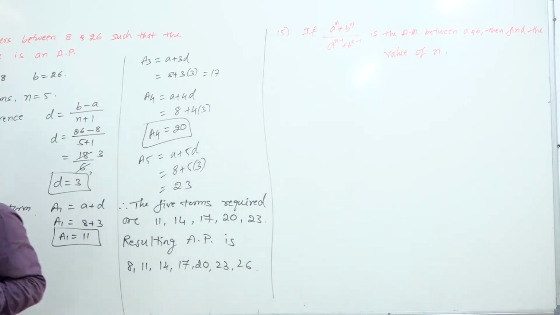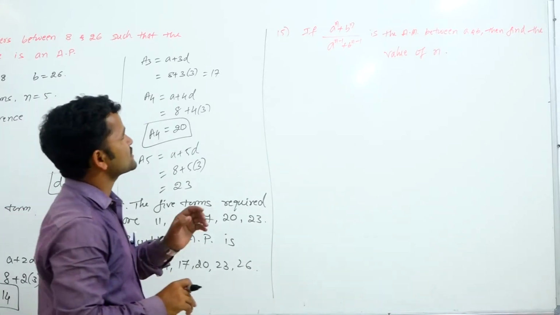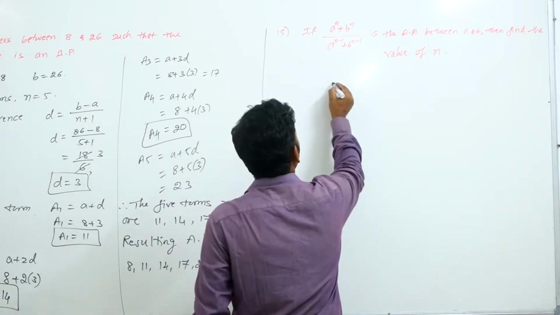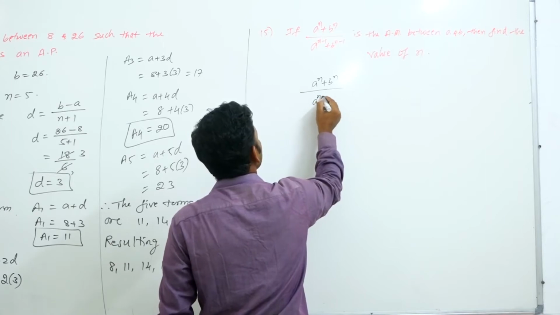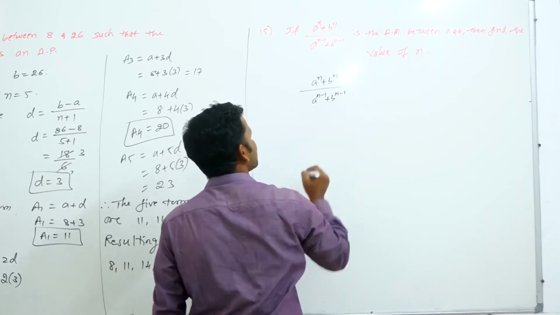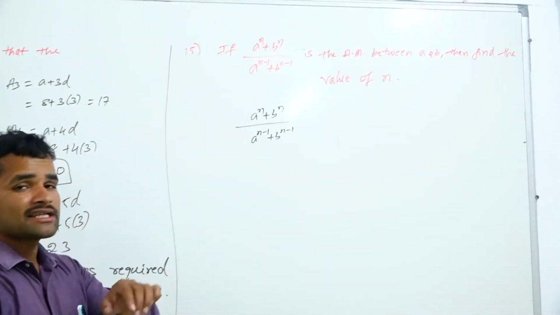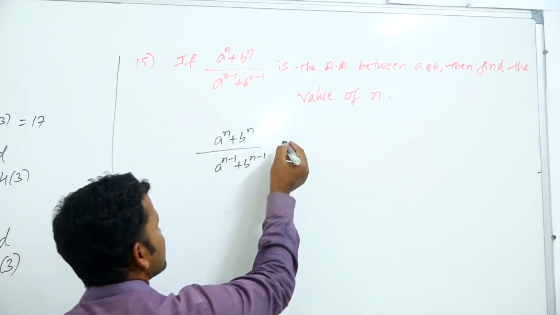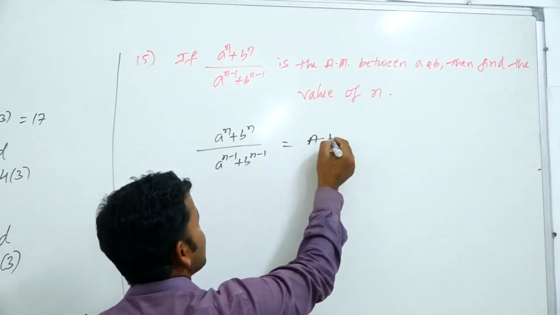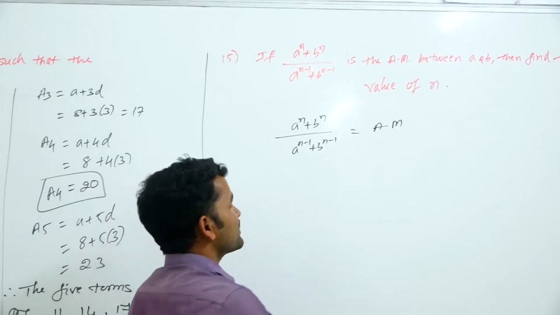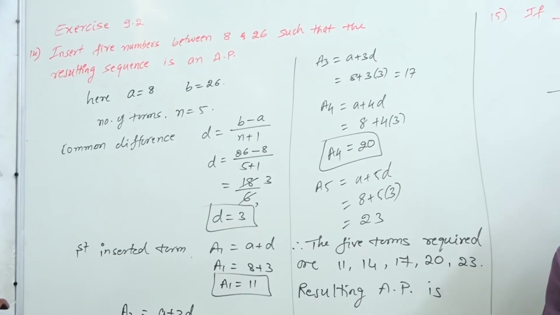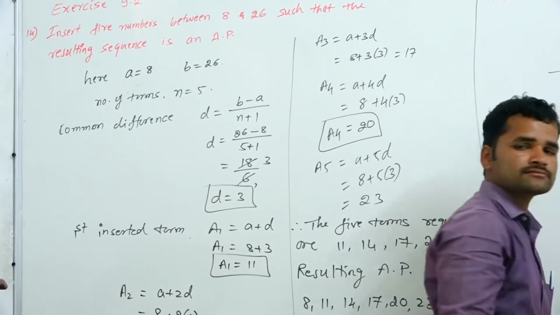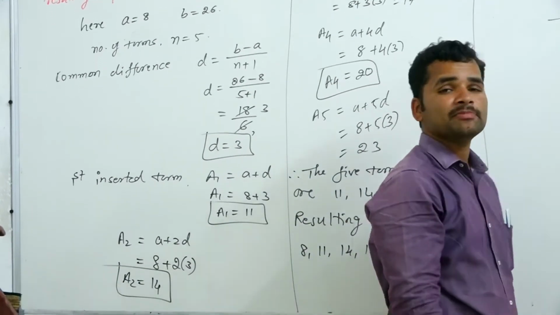What they are saying here? They are saying that there is an expression A raised to n plus B raised to n divided by A raised to n minus 1 plus B raised to n minus 1, and it is the AM between A and B. What is AM of A and B?